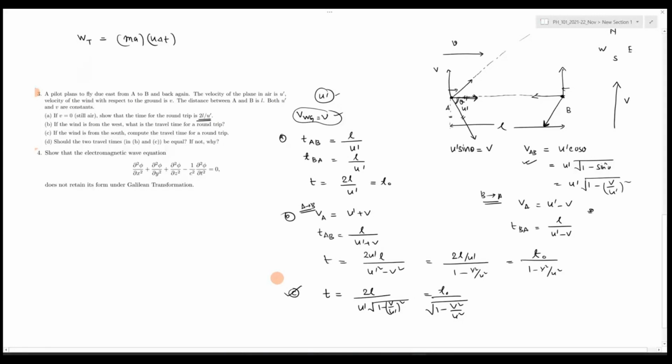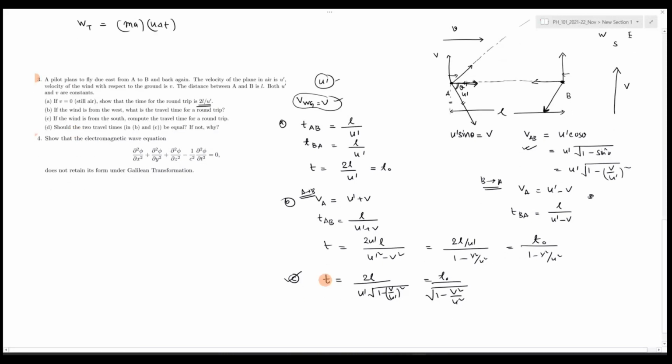No. Okay. Bhaiya, can you tell once more why u prime sine theta equals v? So v is along this direction. Suppose we are going along this direction at an angle theta.